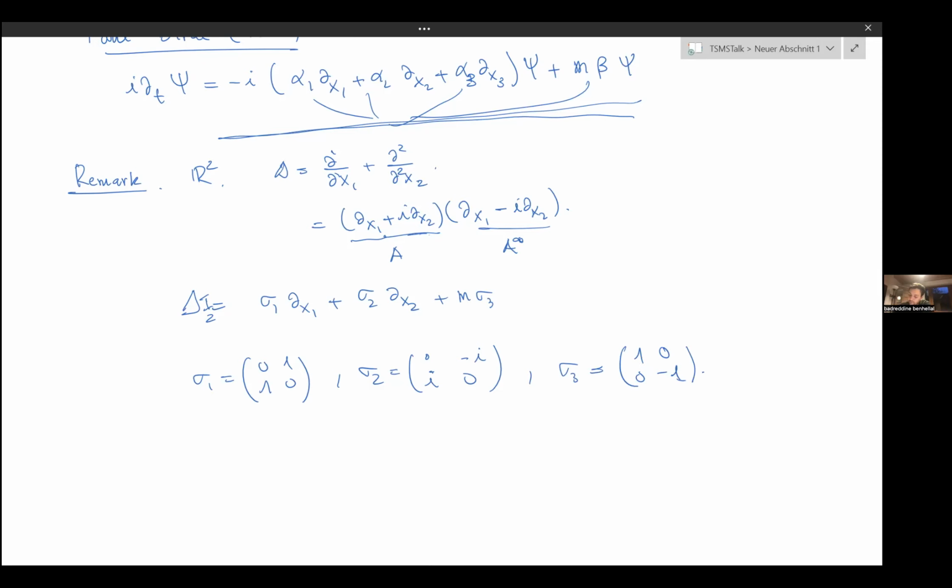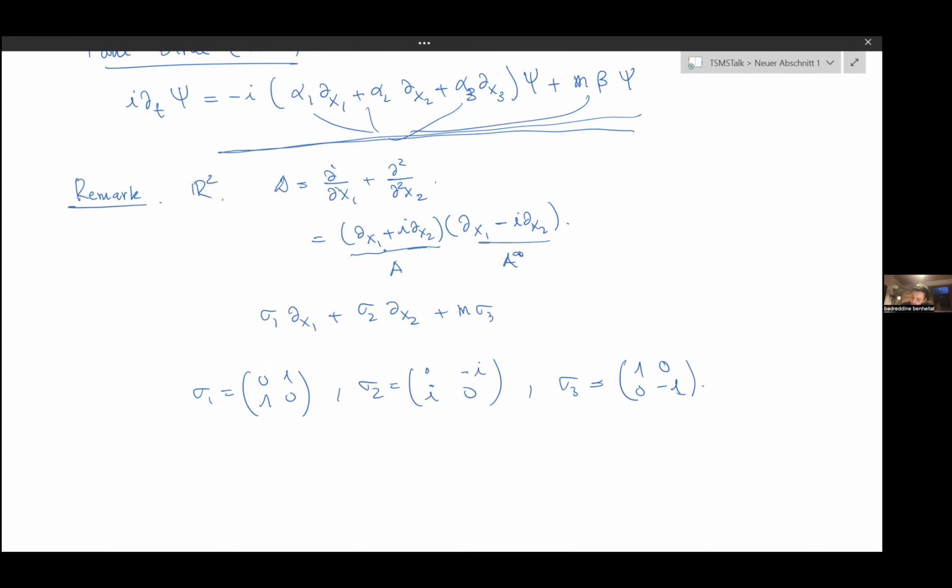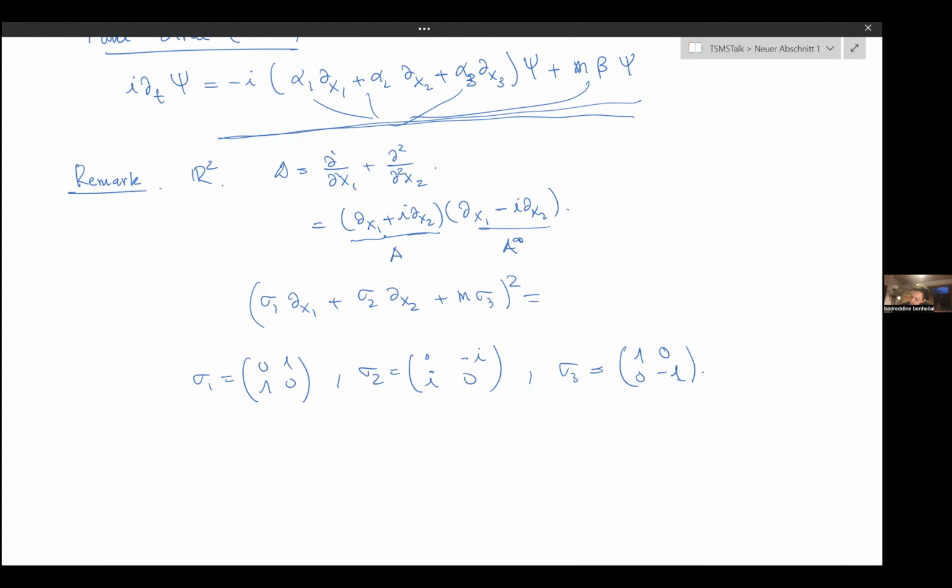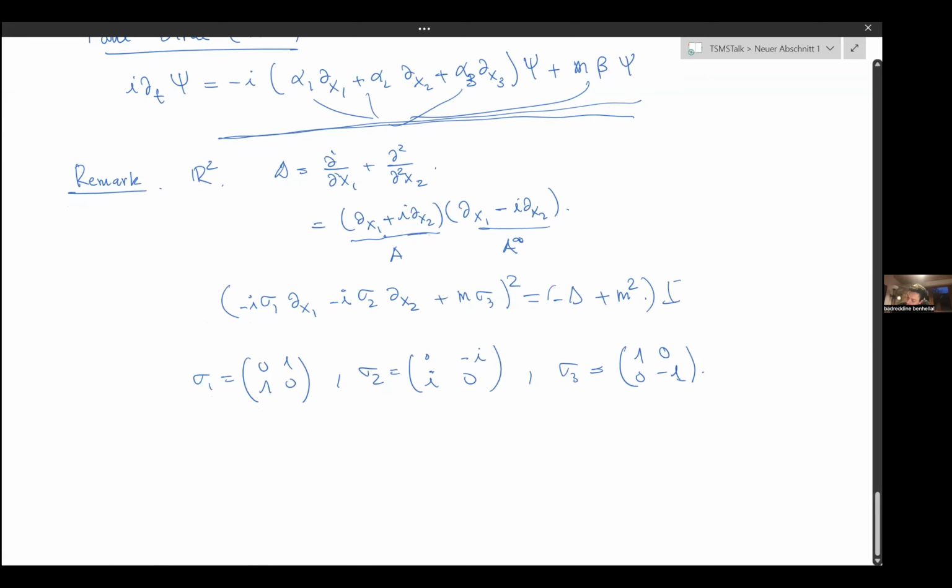Again, the square is minus Laplacian plus m squared times the identity 2.